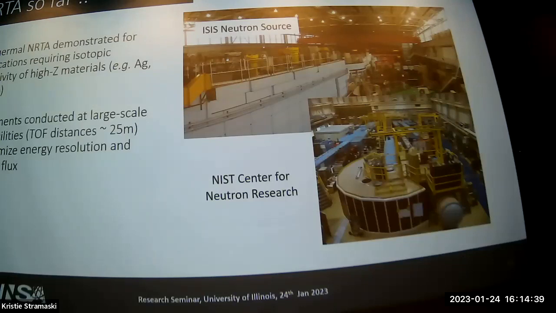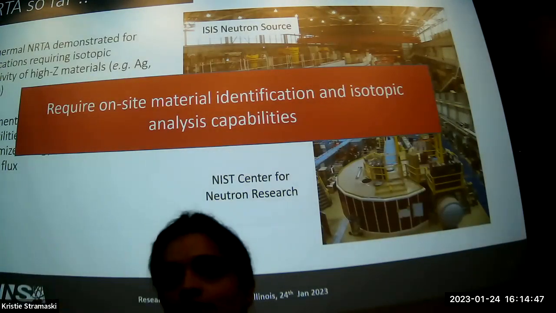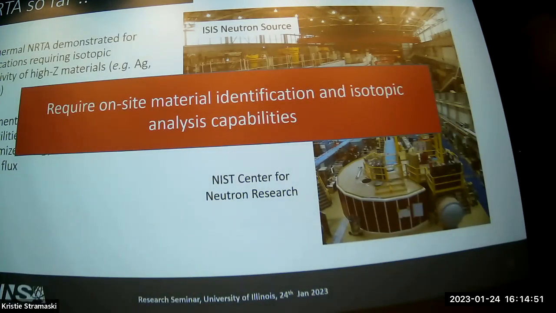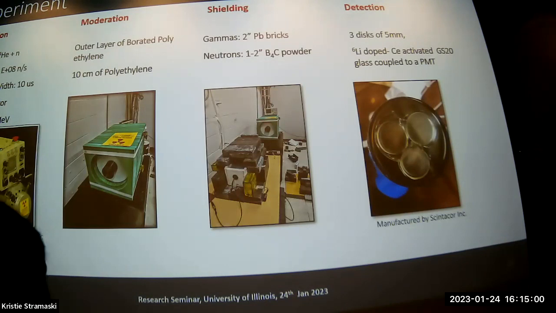That will take a couple of months. So that's not feasible. So what we need is an on-site material identification facility, which can do the identification. So that is what we've built at MIT, at the Applied Nuclear Physics Lab there.